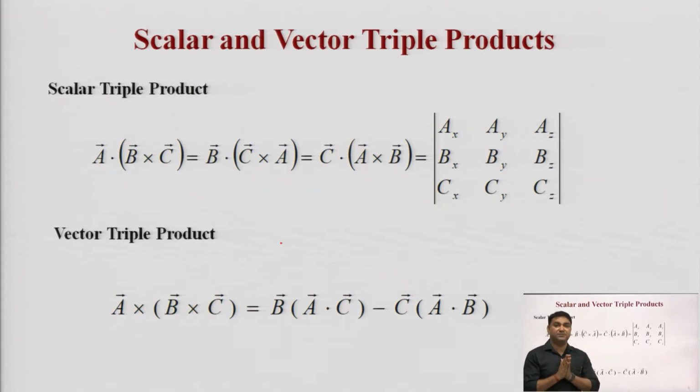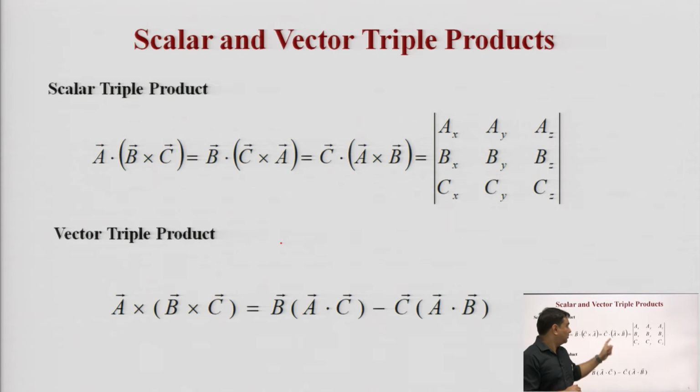Triple products may be of two types, where we can define the triple product in the scalar and vector form. When the scalar triple product is defined, it is given in terms of the dot product of a vector A with the cross product of the two vectors B and C.